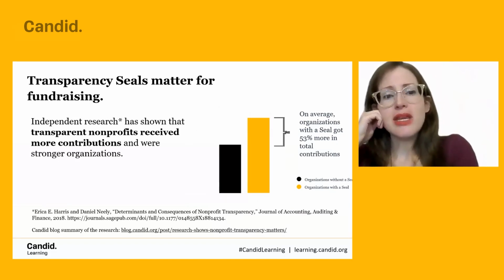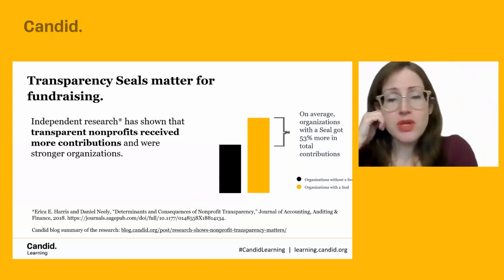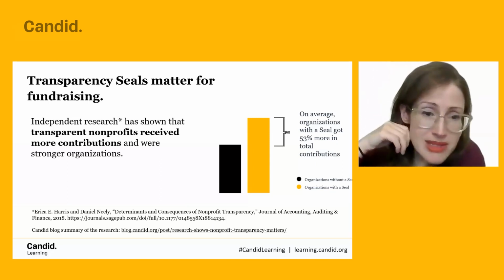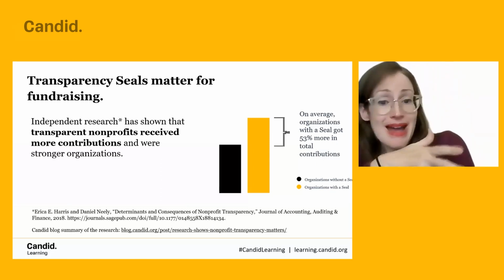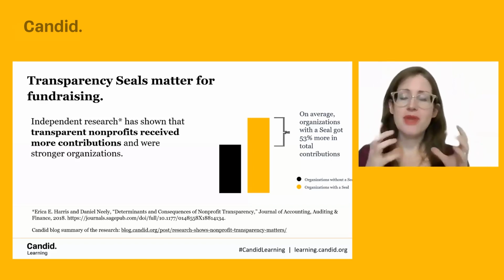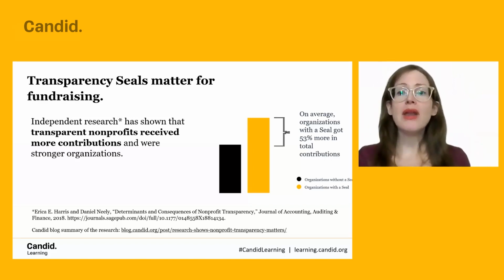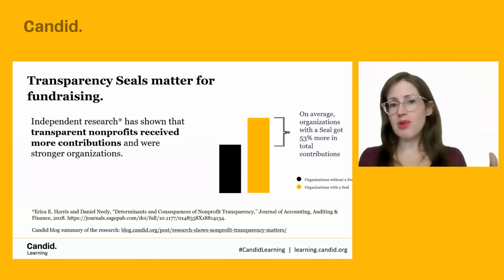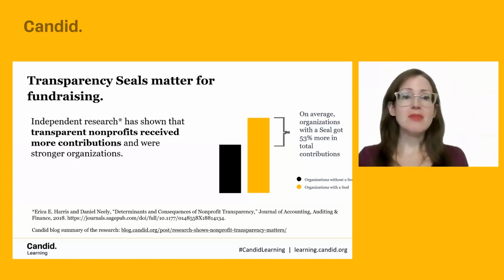There was a study that was done several years back, about 5 years back according to the footnote there, using 2 cohorts of nonprofits. In year 1, neither cohort of nonprofits had a claimed and updated profile on GuideStar.